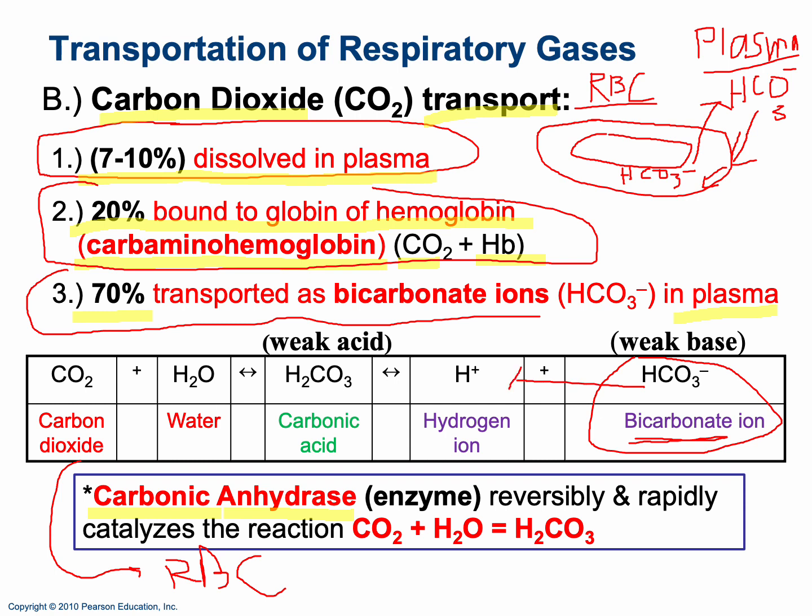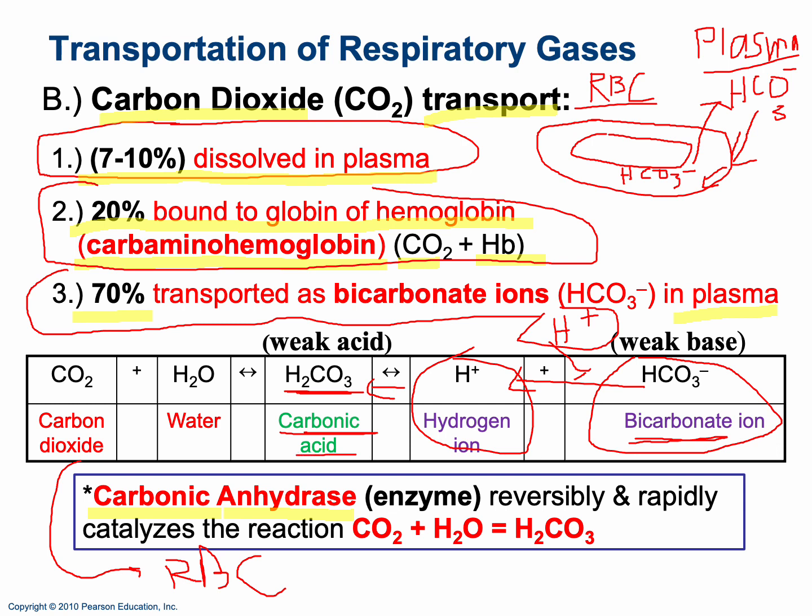In order to do that, again, there'll be a hydrogen ion that will come into play here. This hydrogen ion will attach to the bicarbonate. And then ultimately, you have your weak acid here, your carbonic acid.